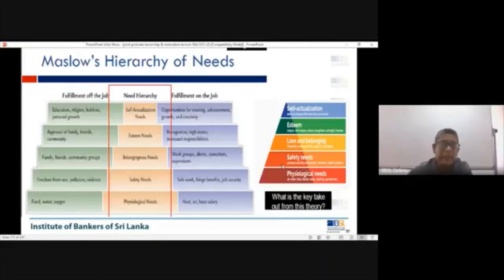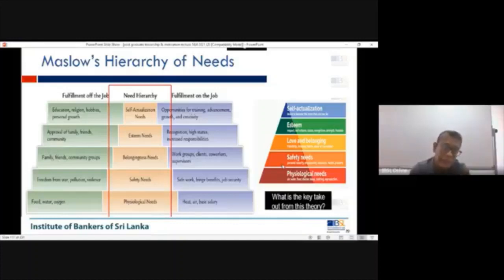Okay, right. Now let's look at the most important thing: how you can make use of these needs from the organization's point of view. These are basic human requirements.